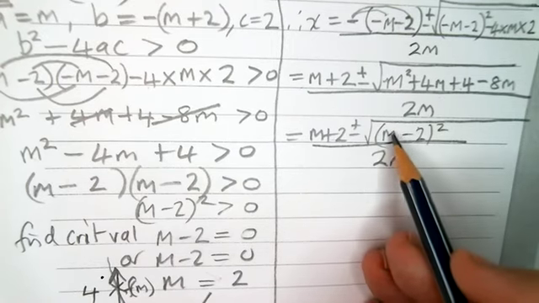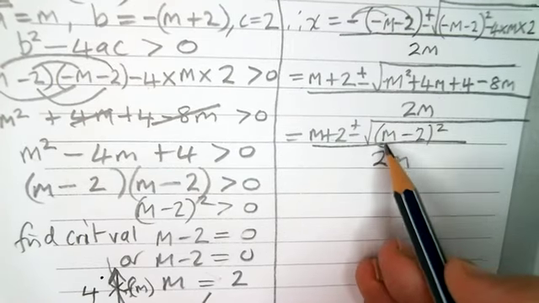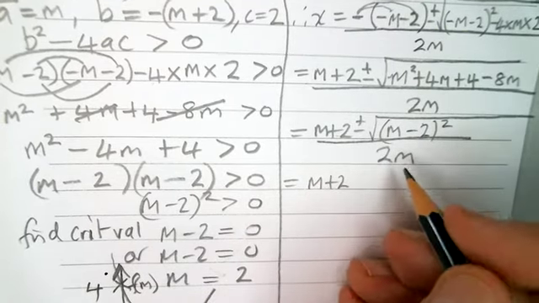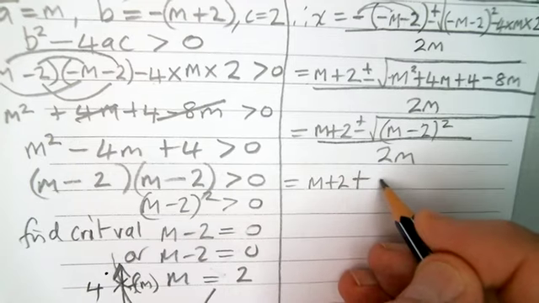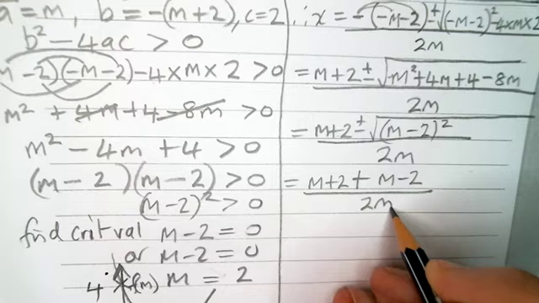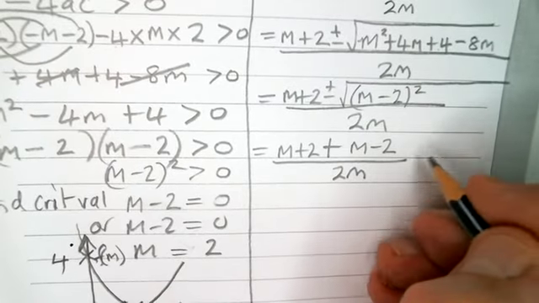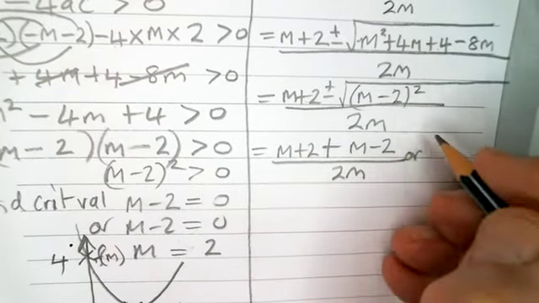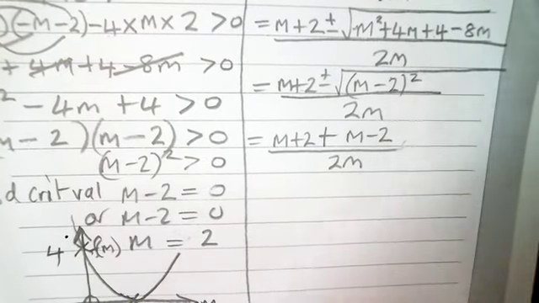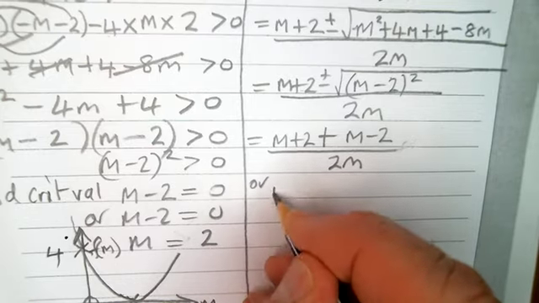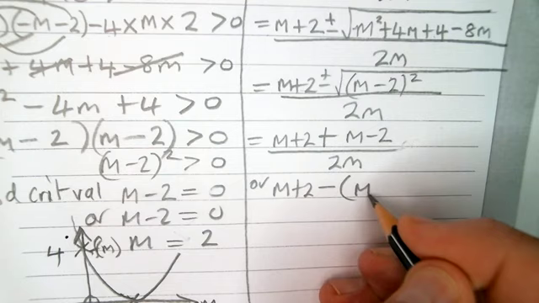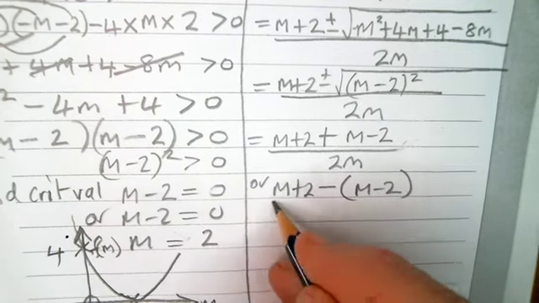Now, of course, the square root of m minus 2 all squared is just m minus 2. So it's equal to m plus 2 plus m minus 2 all over 2m. So what does that equal? That, or the other one, which is m plus 2 minus m minus 2, all over 2m.